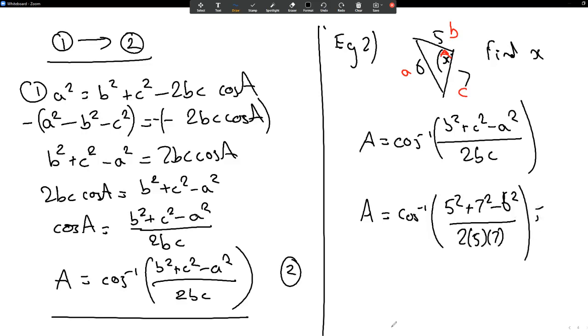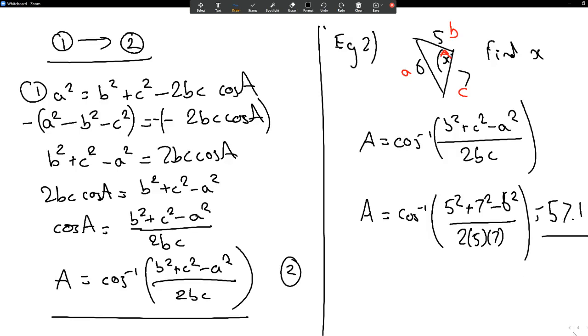And now I'm going to put that in my calculator: 5 squared plus 7 squared minus 6 squared over 2 times 5 times 7. That gives us 57.1 degrees, like so.